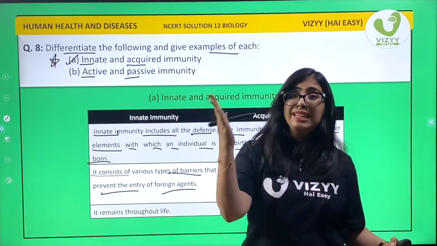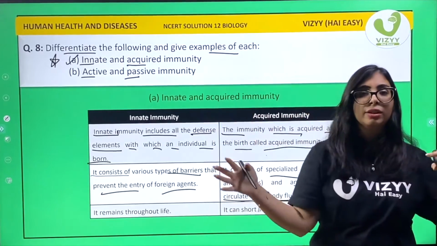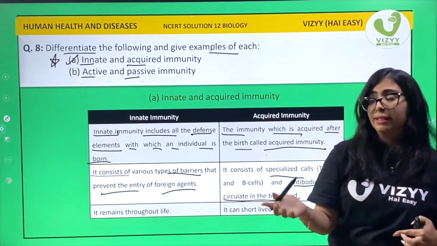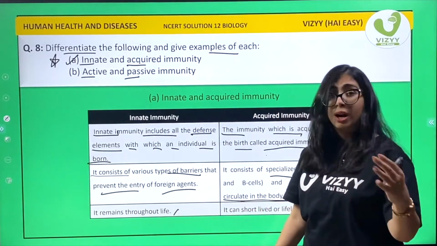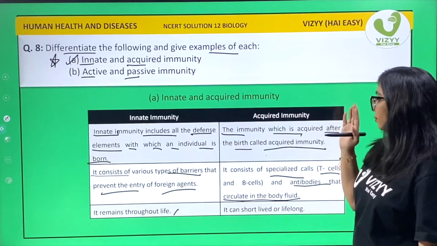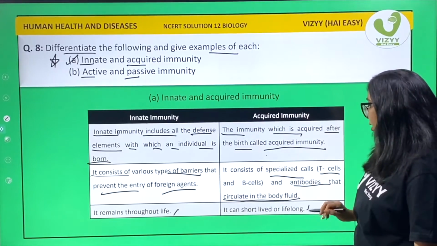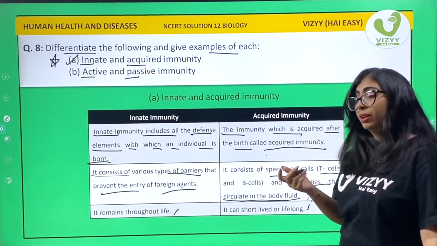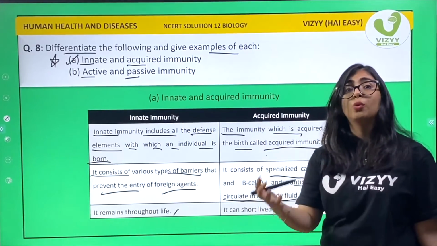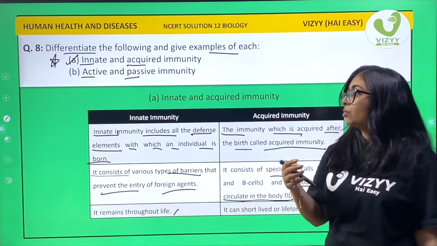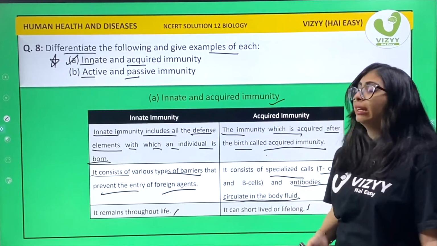So T cells and B cells will circulate in your blood with antibodies. Now, innate immunity stays with you throughout life, whereas acquired immunity is short-lived or it can be lifelong. It completely depends on what you are acquiring. Okay, students, so we are done with acquired and innate.